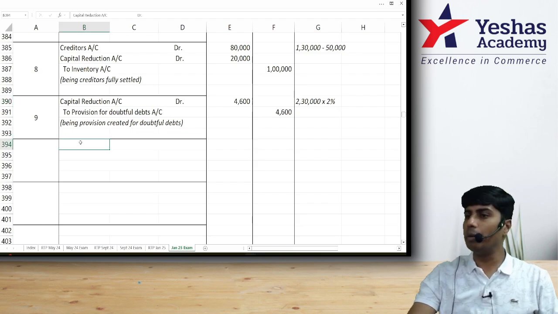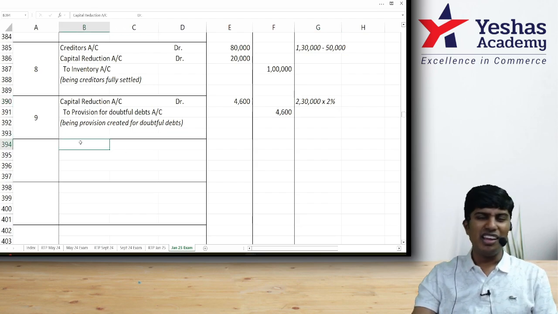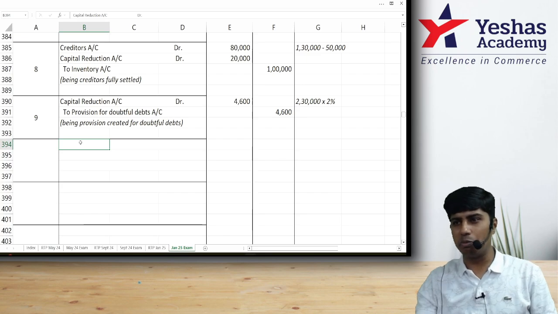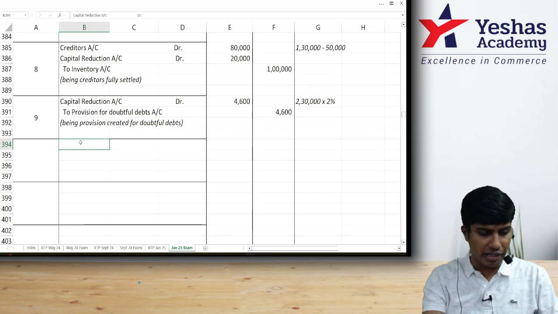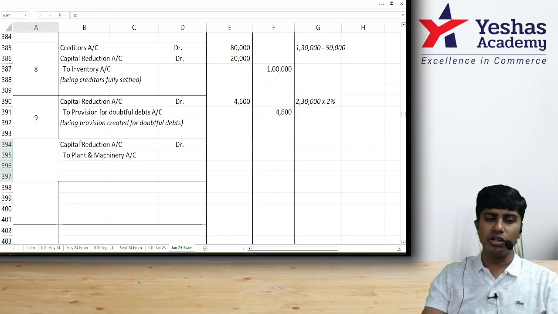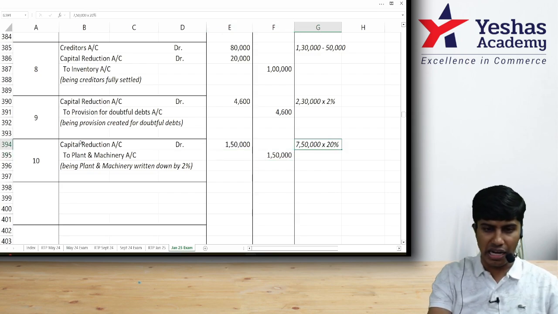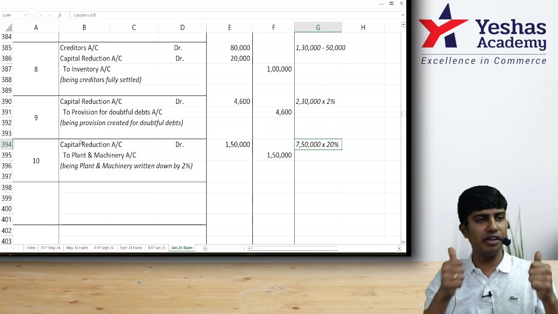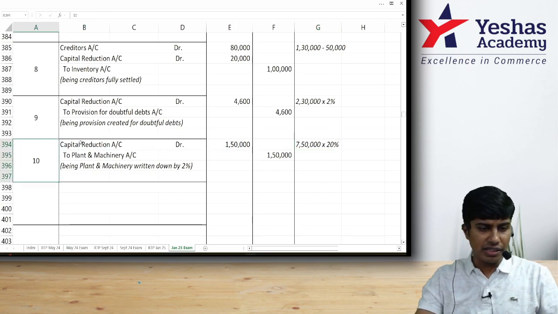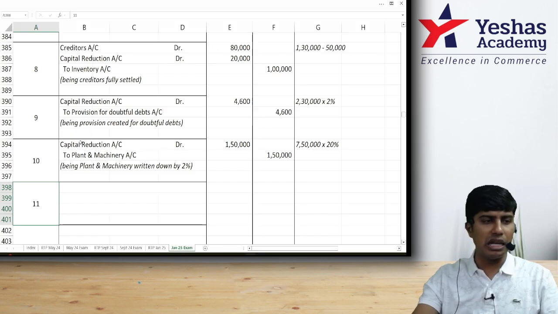Let's do depreciation, but not debit depreciation. Any profit or loss arising in the process of internal reconstruction will be debited to capital reduction. Very good. Capital reduction to PPE. How much is that? 7,50,000 multiplied by 20% is 1,50,000. Did everyone get this?